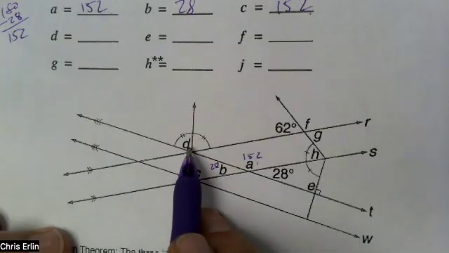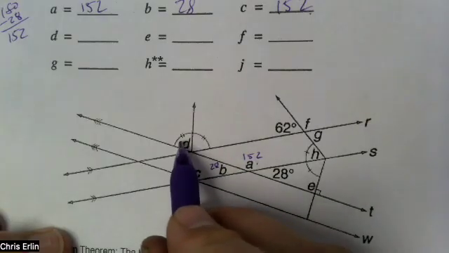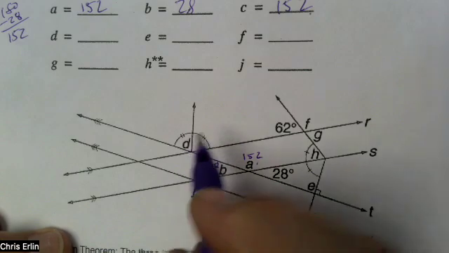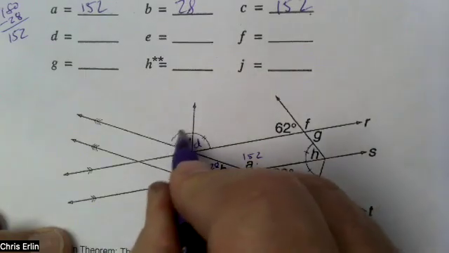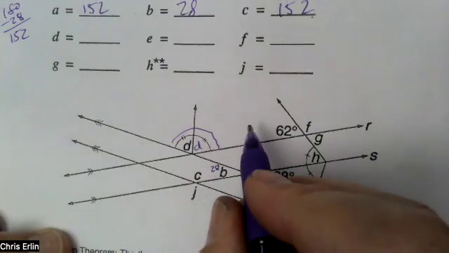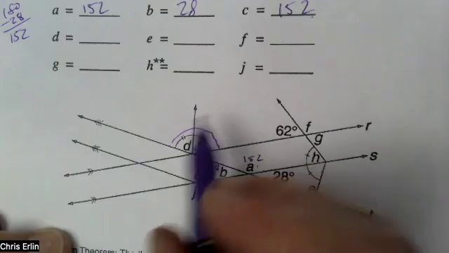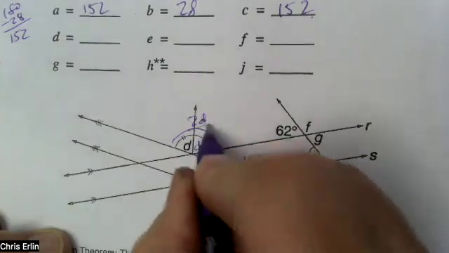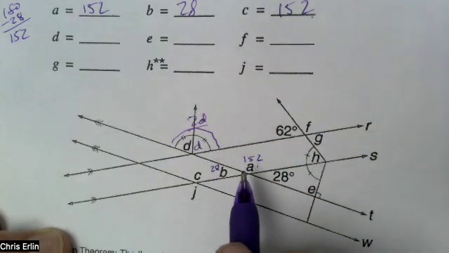Now, D. If these marks are the same as these marks, what does that tell us? They're equal. So if that's D, this is D, which means this whole angle is how big? If that's 1D and this is a second D, 2D. 2 times D, right?